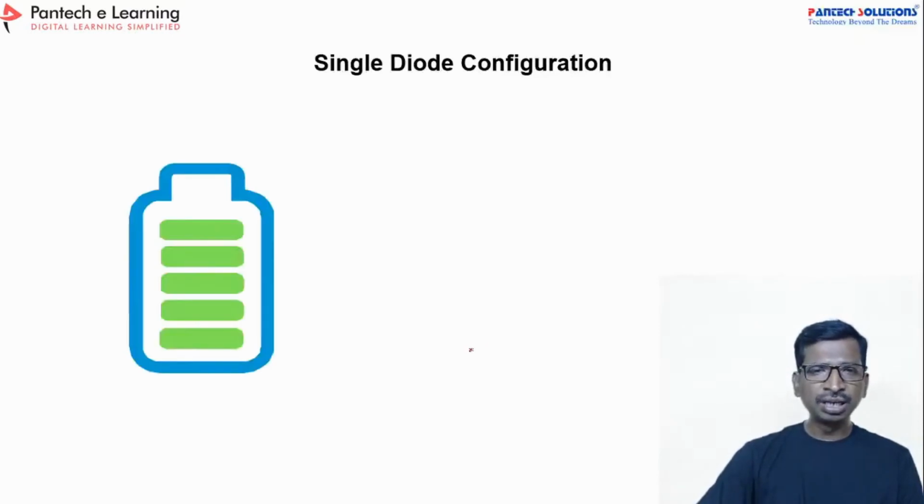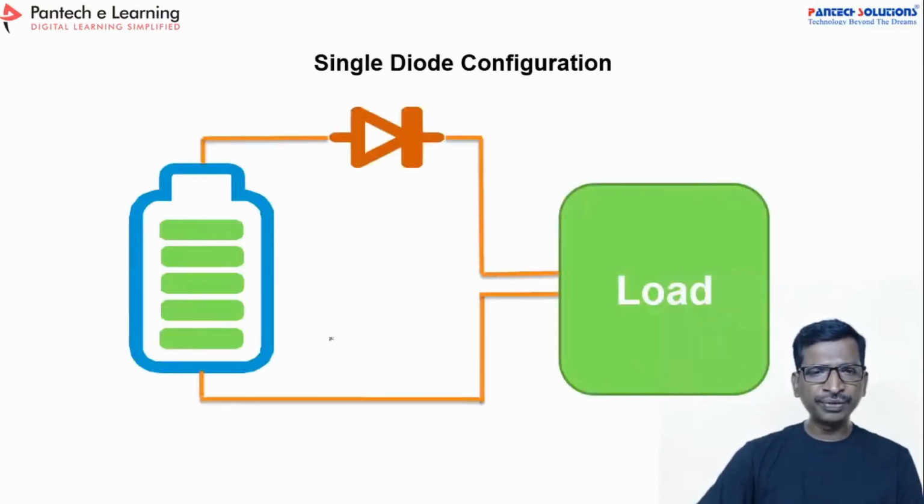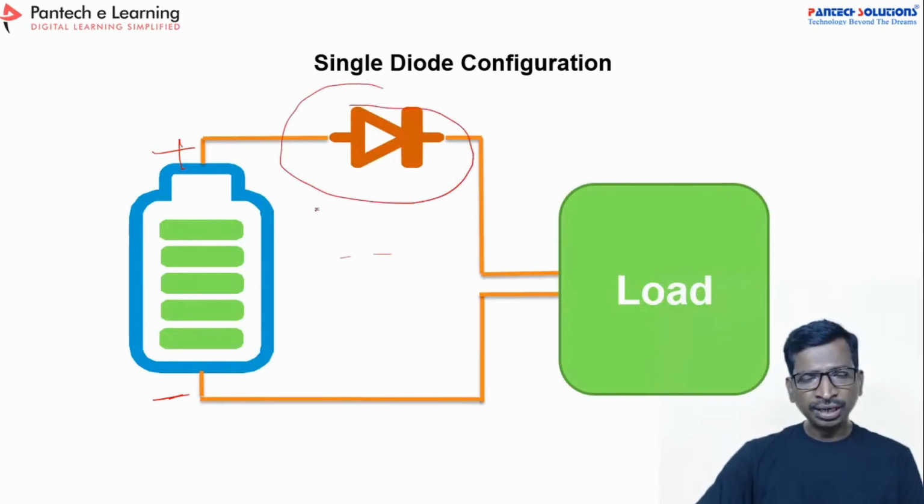So with the help of a single Schottky diode, we can identify. See here, this is the battery, with the positive terminal and the negative terminal, and here the load is connected. If you are connecting the battery via this diode, then this will help the battery for the reverse direction, the reverse polarity configuration.